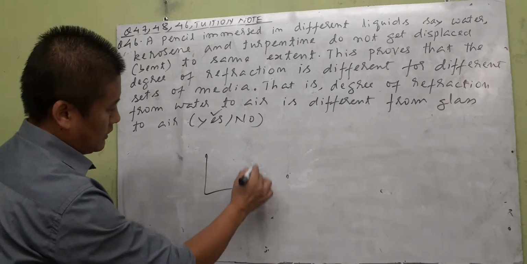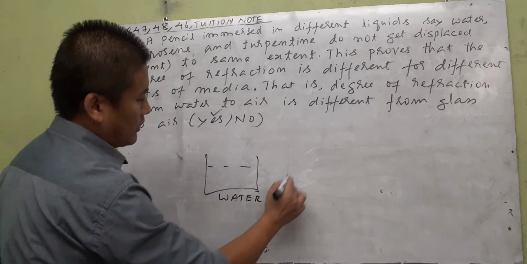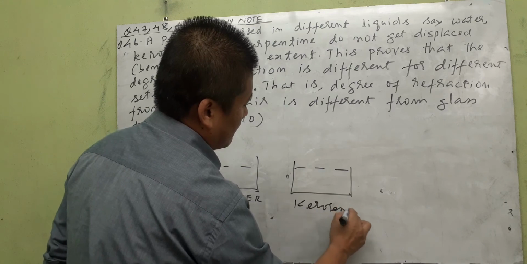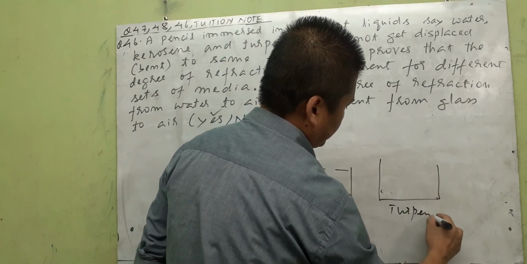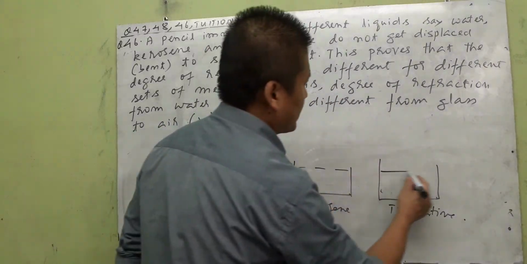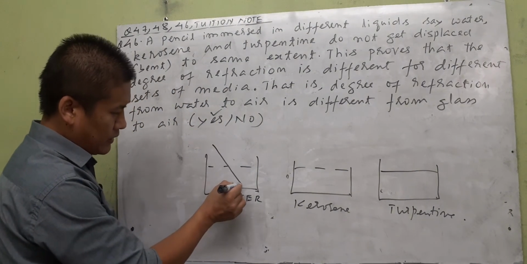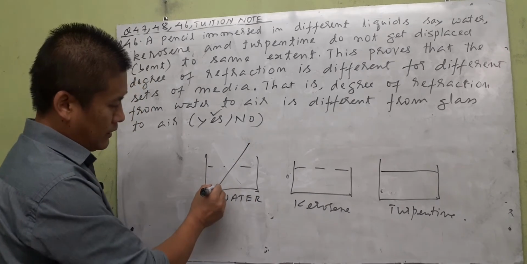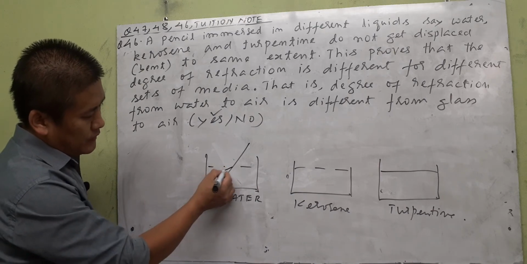There is a case here. This is water, let us say. You can draw this on your notebook if you want. This is kerosene, let us say. This is turpentine, let us say. All these three are liquids, and when you put your pencil here, this is the real pencil, then it will get bent here, and you will see the image of the bend.